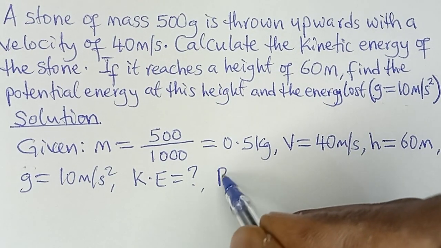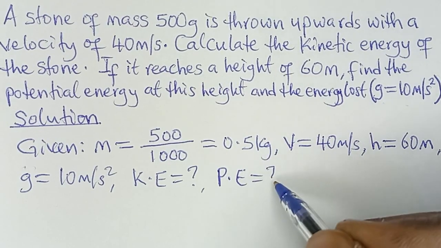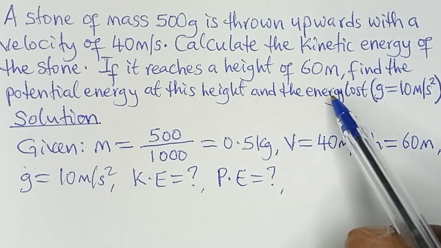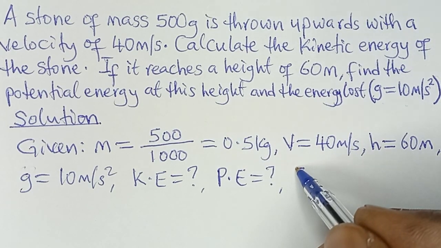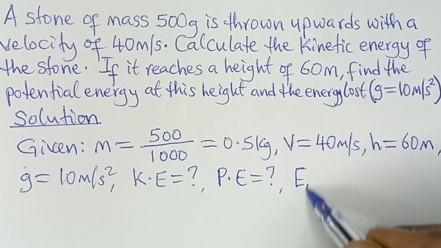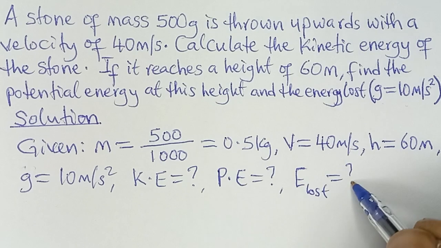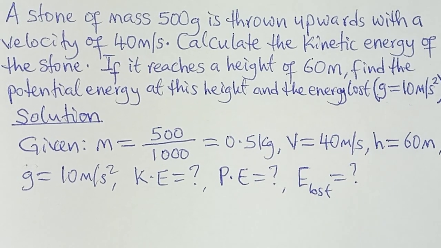So potential energy, I'll call it P.E. Potential energy, we're also looking for that. And then finally, we're asked to find the energy lost. So let me call it E lost. And that is a question mark as well. Now let's take them one after the other.